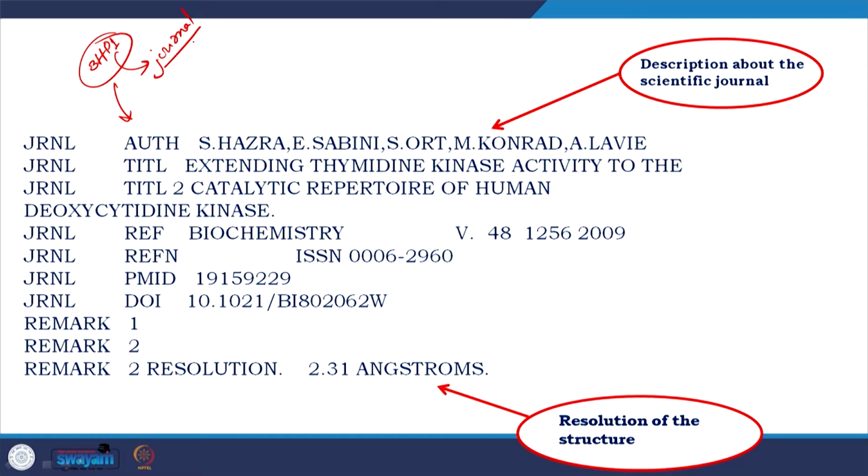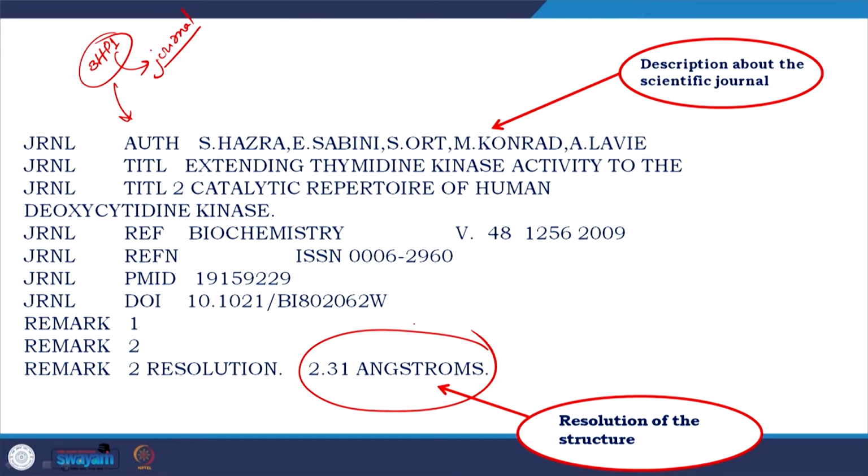So, you have to combine the structure information you get from the PDB ID and go to the journal where the authors write about the findings, why this structure is important and how this structure is used for further exploration of science.